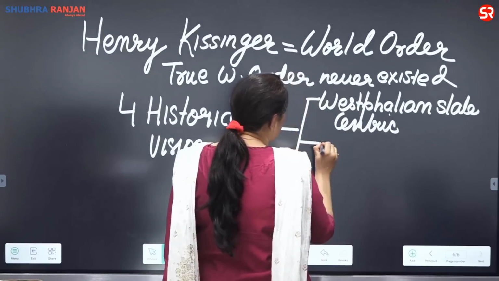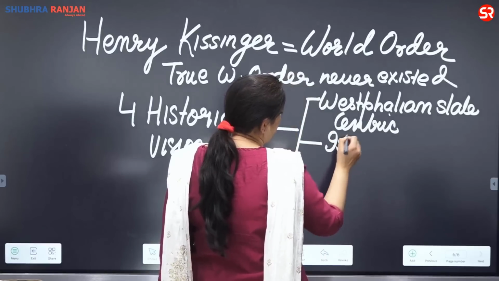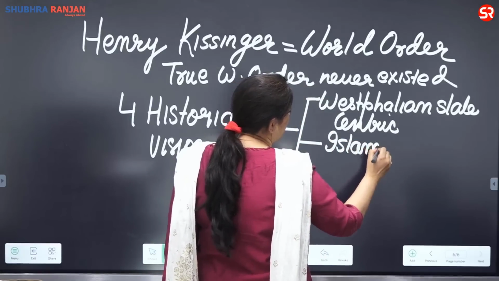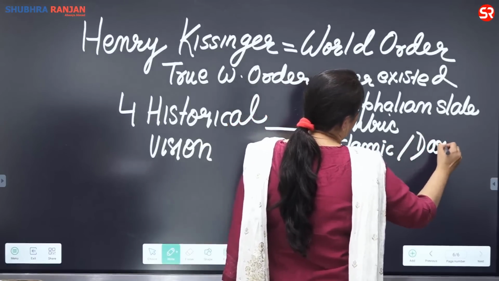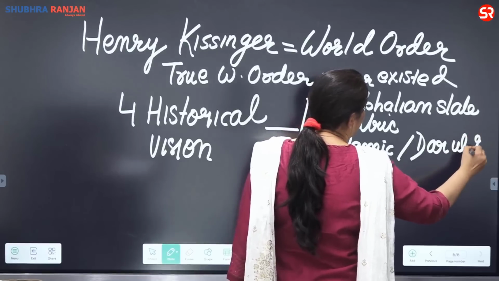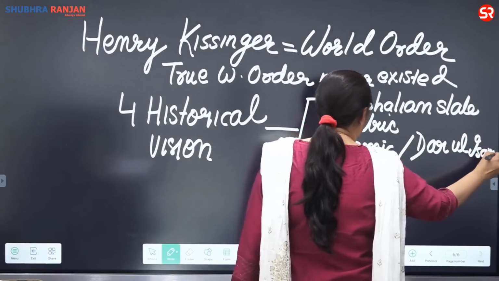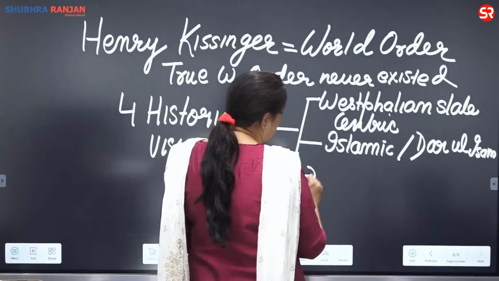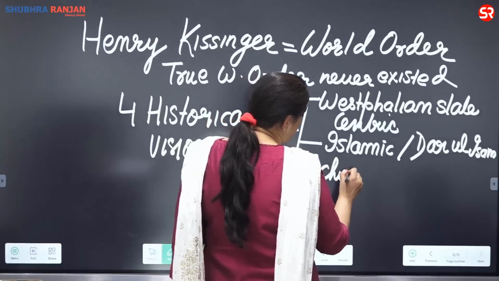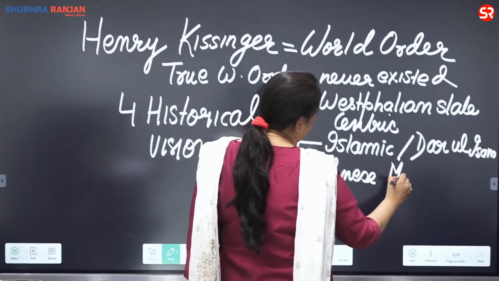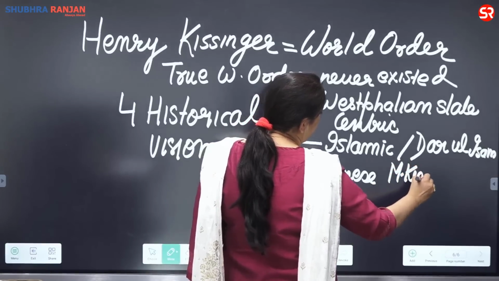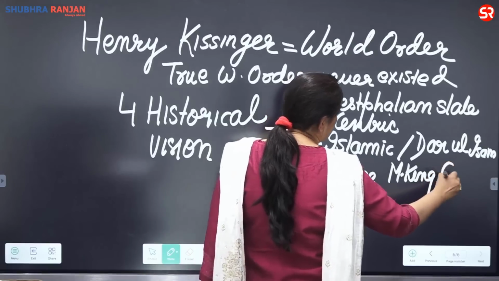Second has been the Islamic world order, the concept of Dar ul Islam. The Chinese world order based on their concept of Middle Kingdom complex.